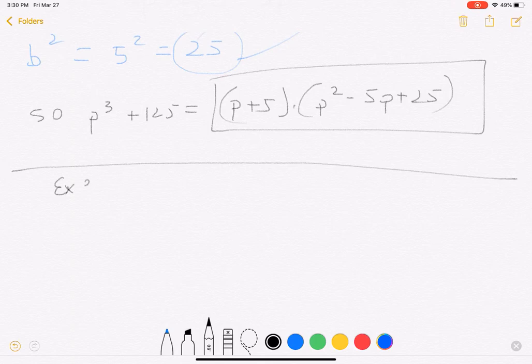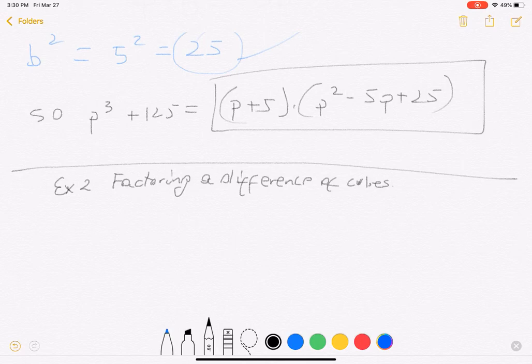That's example 2, factoring a difference of cubes.